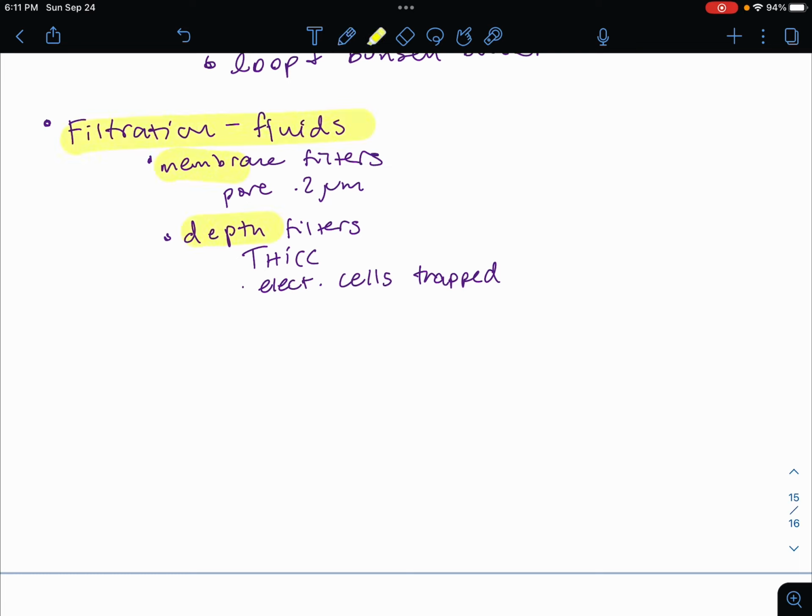Let me just highlight the things that are important here. So air, one of the four elements. How are we going to filter it? So we're going to be using high efficiency particulate air filters, HEPA. And these are going to remove almost all microbes.